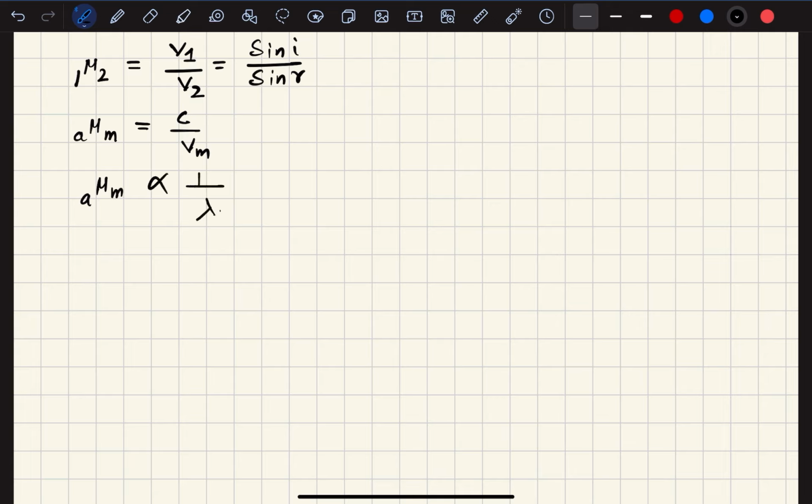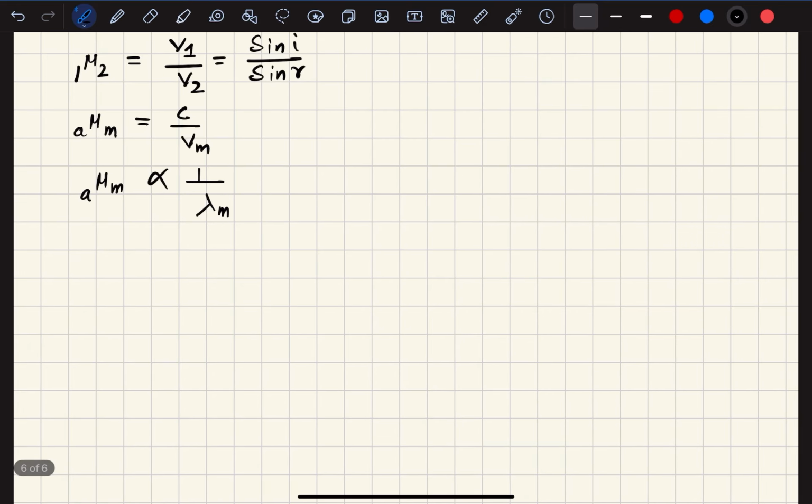So wavelength changes. If I do a little bit of calculation over here, if it is aμn, then it will be inversely proportional to lambda n. Correct? Okay. So suppose I want to find out what is mμn, how do I go about it?